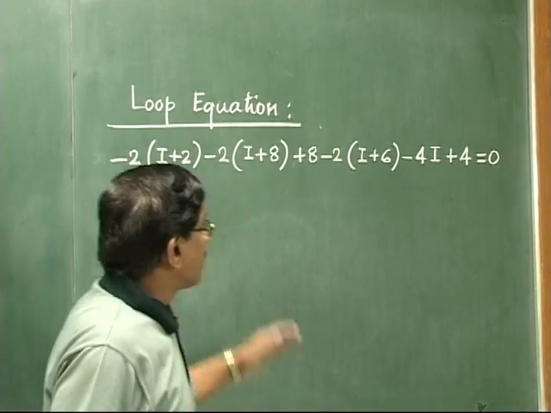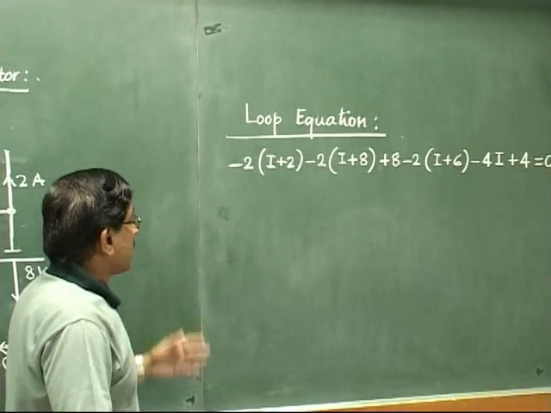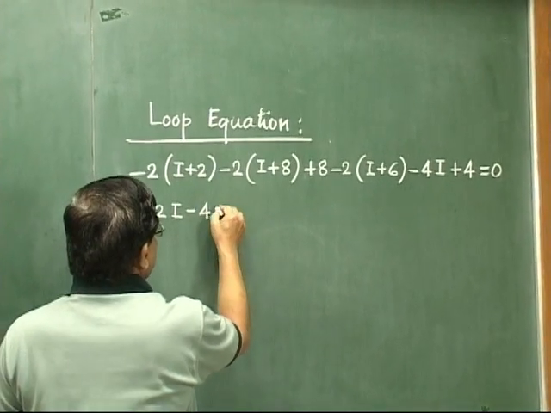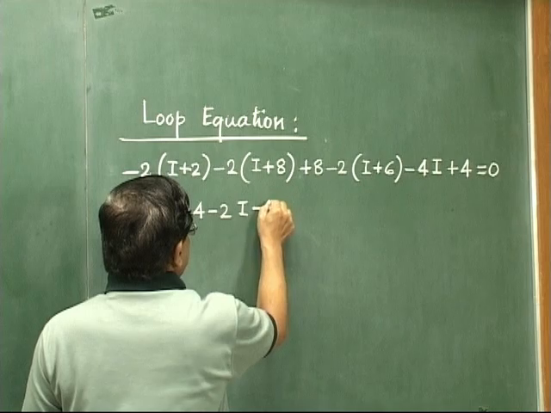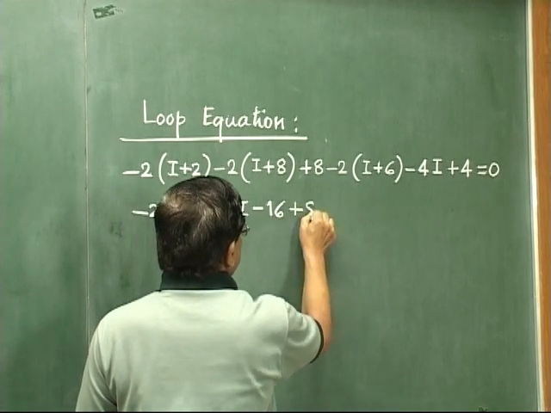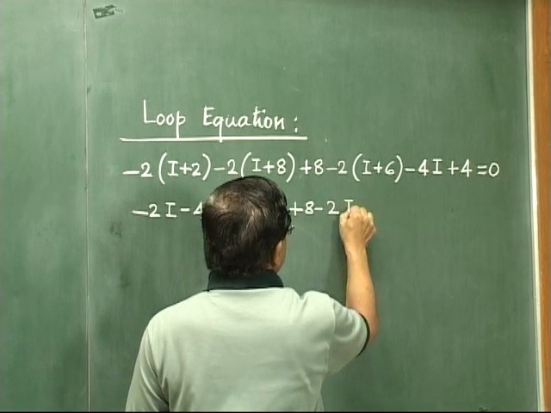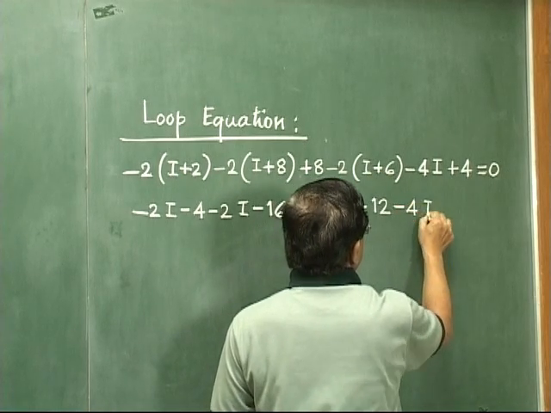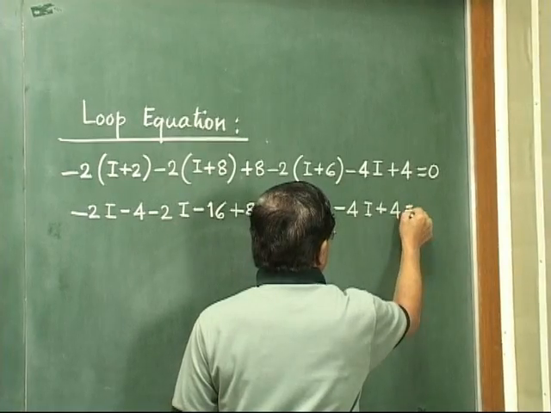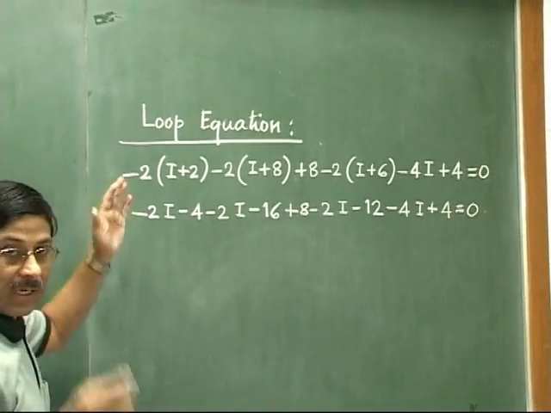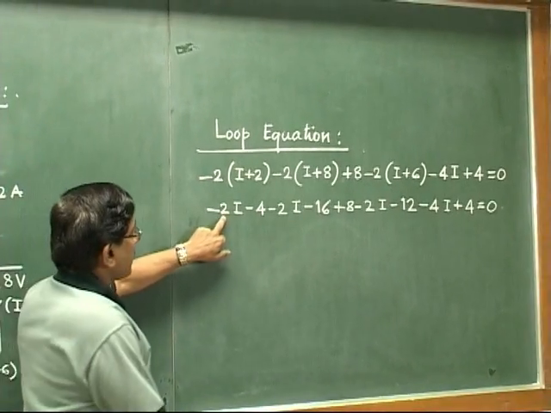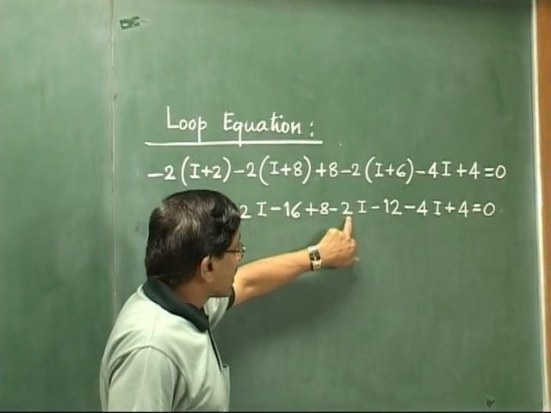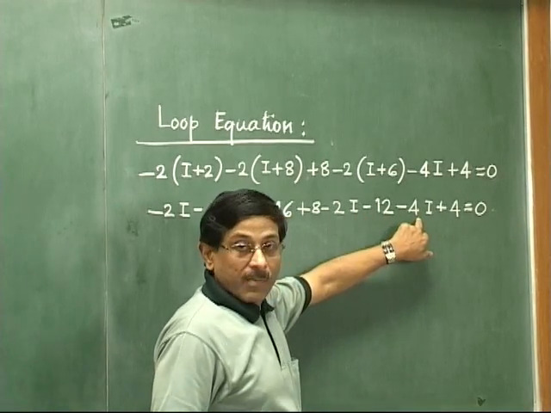Just simplify the equation. It is only one variable, one equation. Let us solve it. Minus 2I minus 4 minus 2I minus 16 plus 8 minus 2I minus 12, then minus 4I plus 4 must be equal to 0. Now we simplify. Minus 2I minus 2I minus 2I minus 4I is minus 10I.